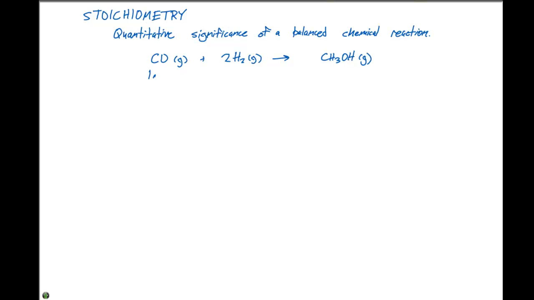And notice that for every 1 mole of CO and 2 moles of H2, we get 1 mole of our product, which is CH3OH.